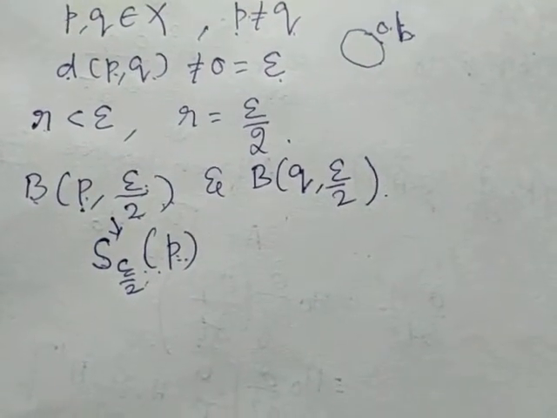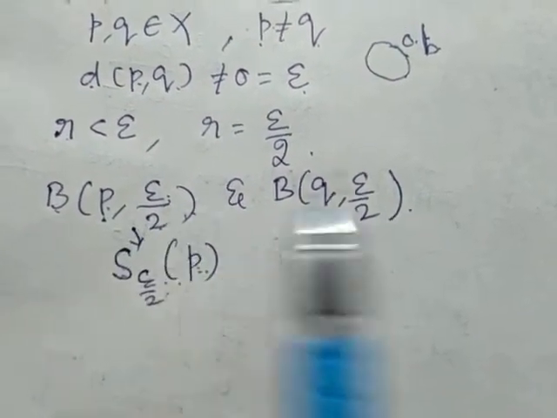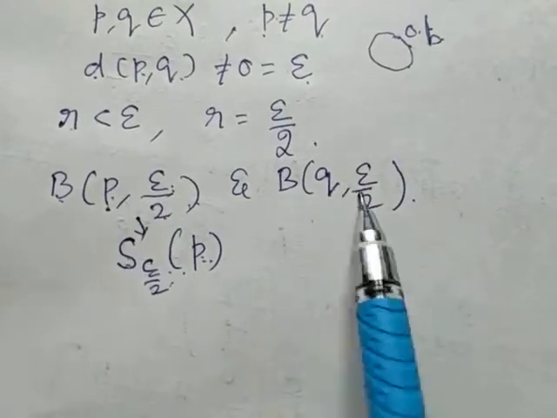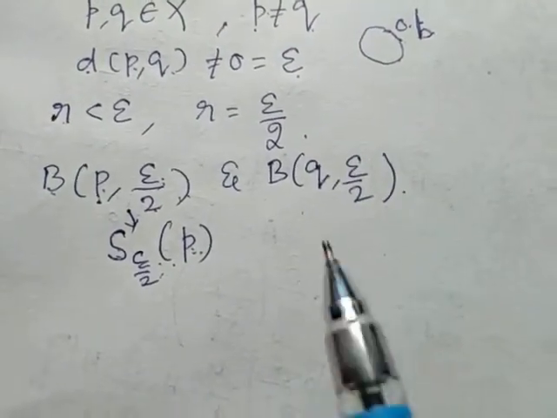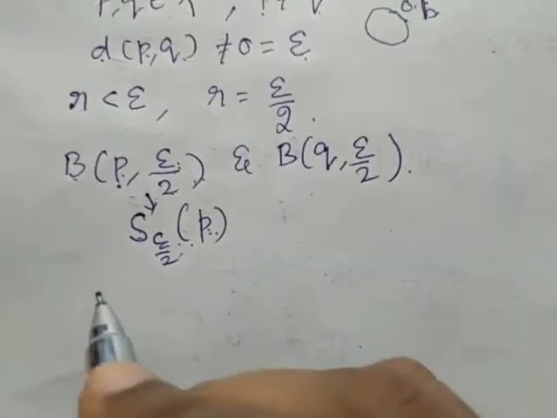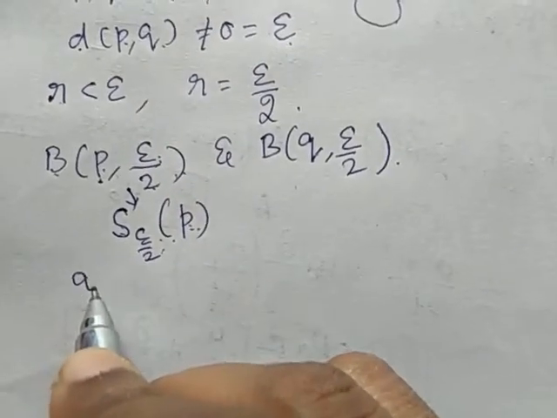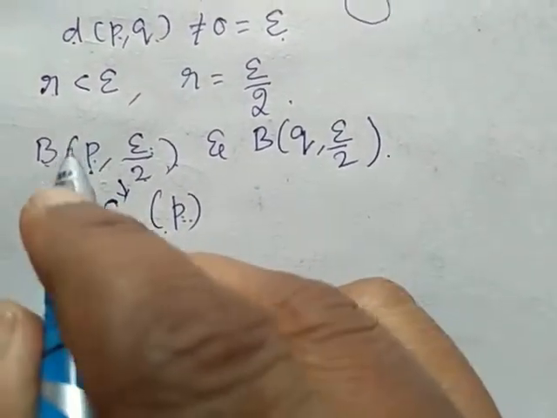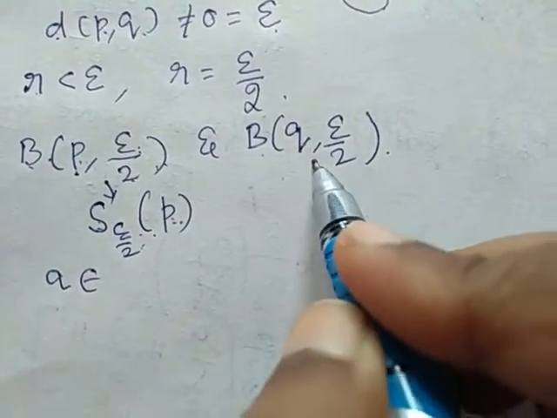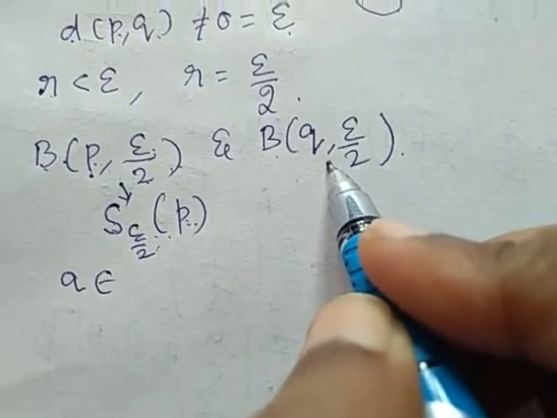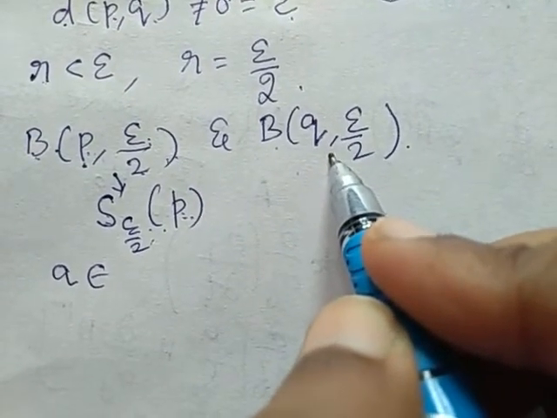Now we have to prove the intersection of these two open balls is the null set. Suppose there exists an element A which belongs to B of P, epsilon by 2 intersection B of Q, epsilon by 2. I am assuming this for contradiction.